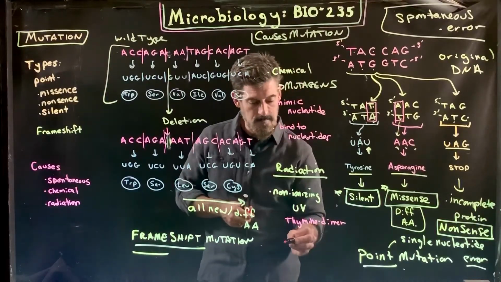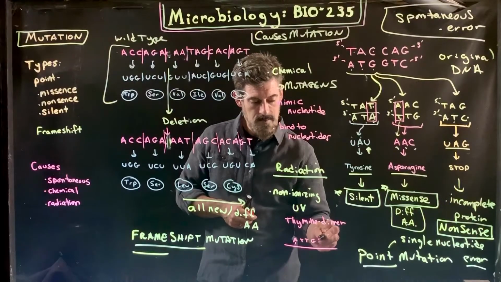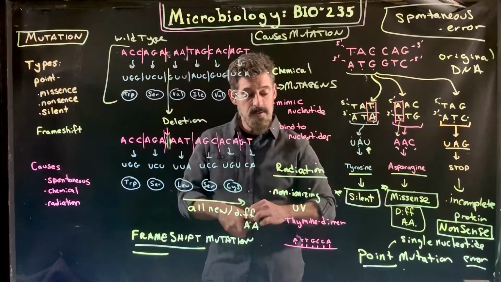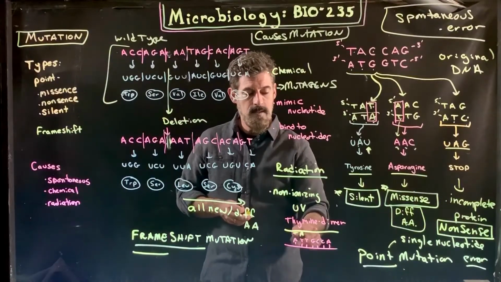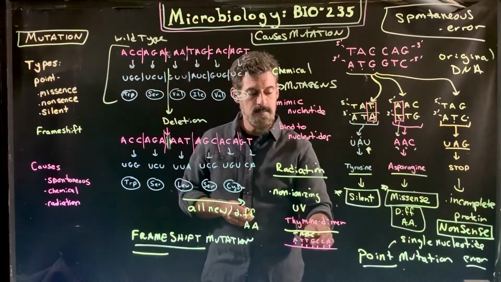If you're having a sequence of DNA, A, T, T, G, C, C, A, like this, and on the other strand, obviously you would have T, A, A, C, G, G, T, and so on.